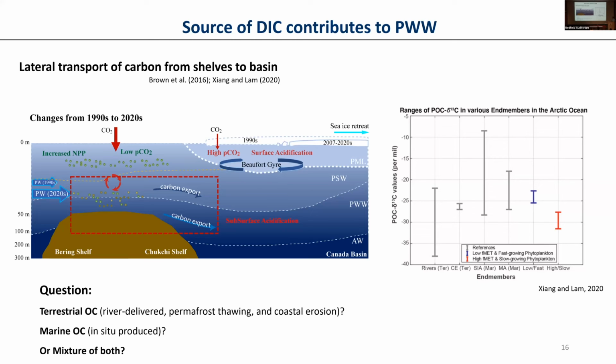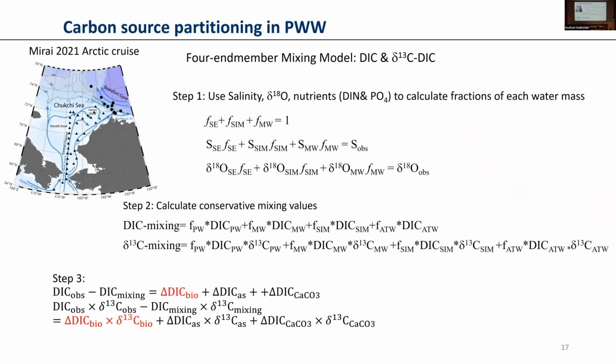And carbon source partitioning is very challenging in this area because if you look at this end member plot of the delta carbon 13 POC, they all overlap with each other. So it's really hard to differentiate the terrestrial organic carbon from the marine organic carbon.